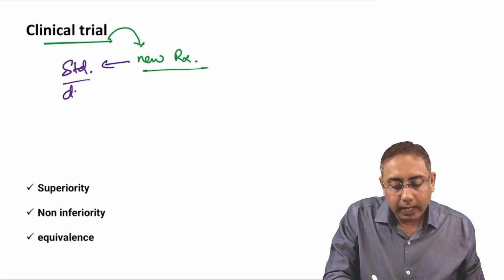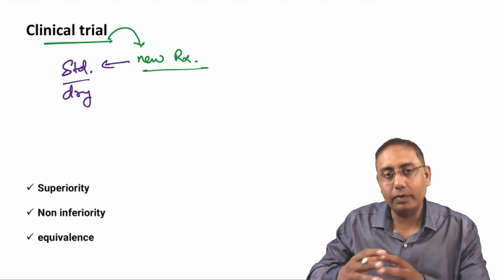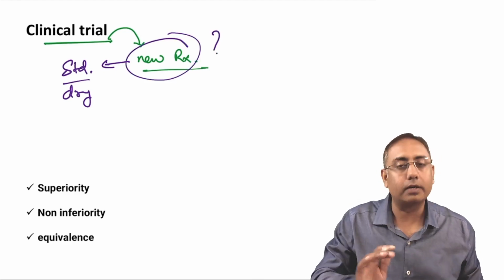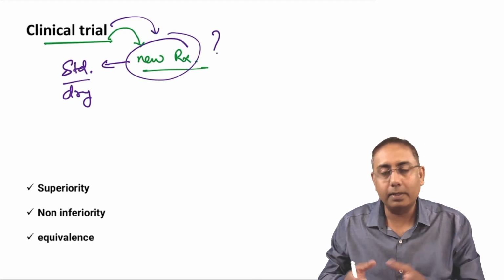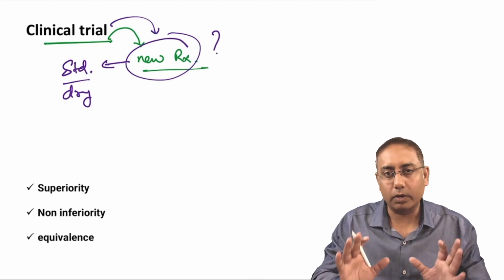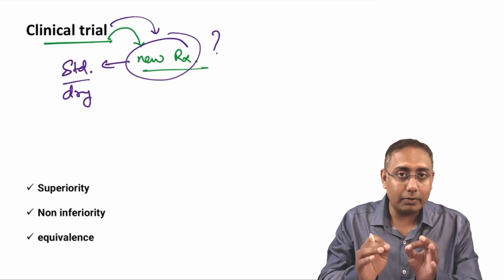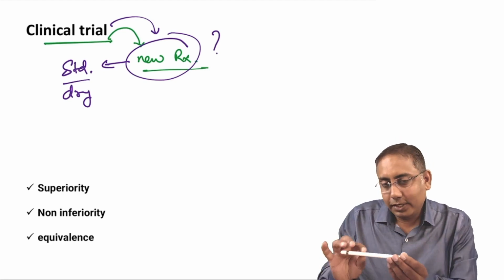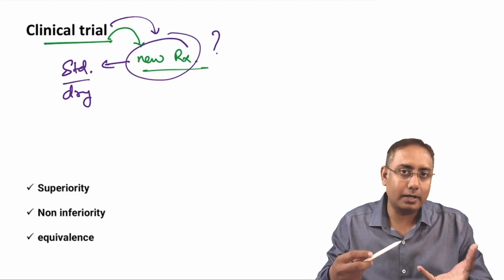You already have a standard drug or a standard regime, you invented a new drug, and you want to see how it works. That is known as a clinical trial. You can randomize, or not randomize, non-randomized, quasi-trial, whatever you want. Now, what is the outcome of this clinical trial? Try to understand: let us say this is a new drug, and I am going to test this new drug against the standard drug.